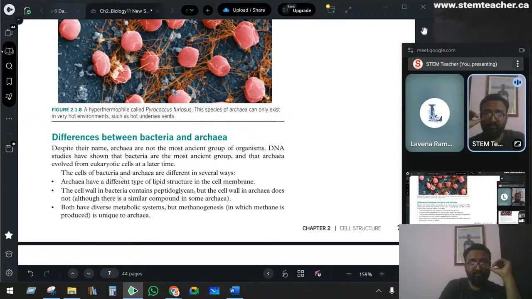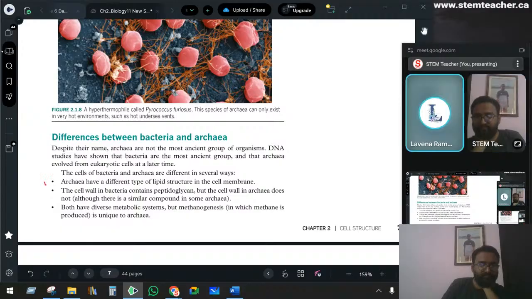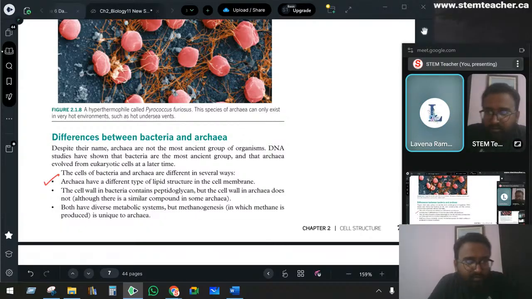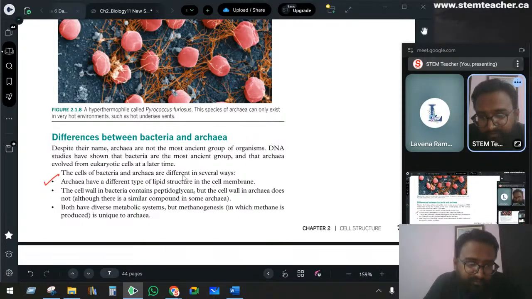The cells of bacteria and archaea are different in several ways. The first one is the type of lipid structure in the cell membrane. So there are different types of lipid structure in the cell membrane.